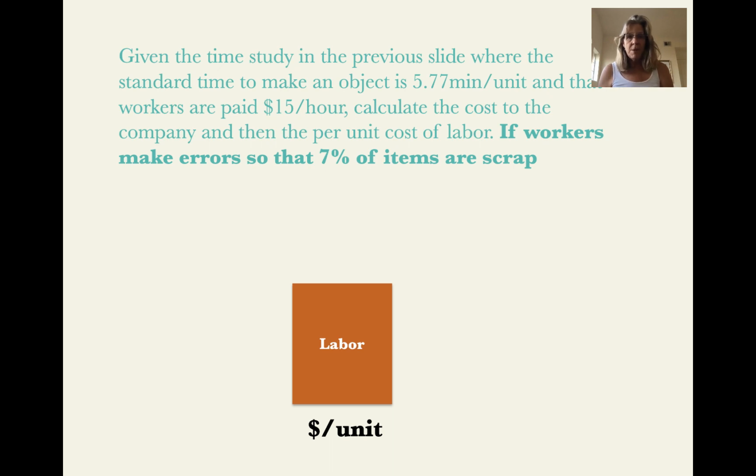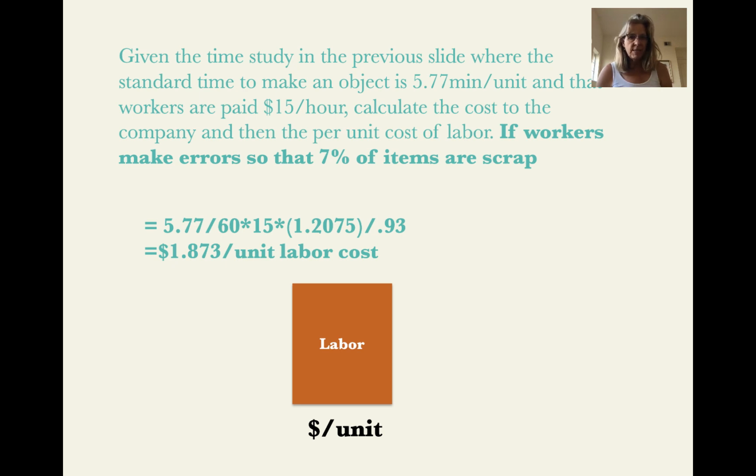Now, let's say the worker makes an error about 7% of the time, or 7% of the time it's scrap, which means it's not going to be good parts. We use the same kind of calculation we do with material costs, which I'm going to talk about later, and we divide by 1 minus the scrap rate. So we take the 5.77 minutes, convert it to hours by dividing by 60, multiply by $15 an hour, add the tax rate by multiplying by 1.2075, and then divide by 1 minus the scrap rate, 1 minus 7%.